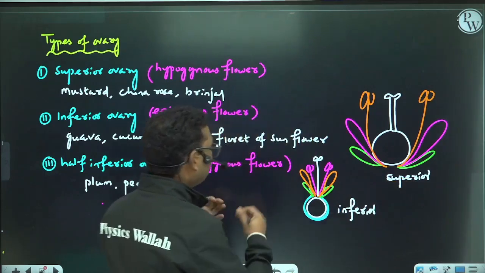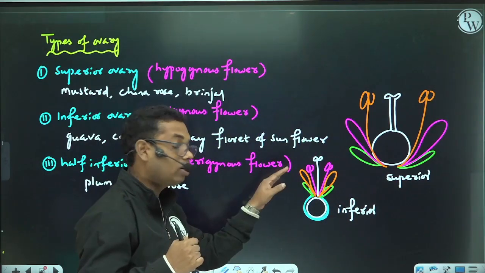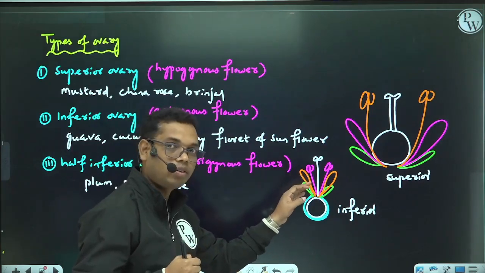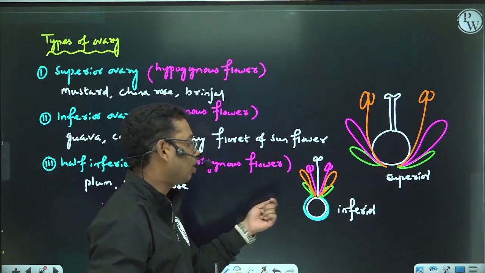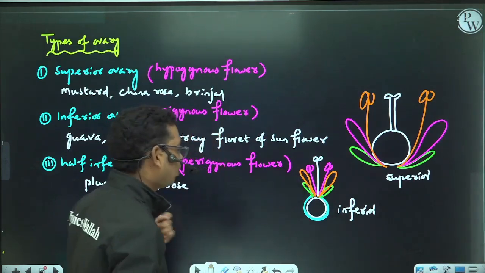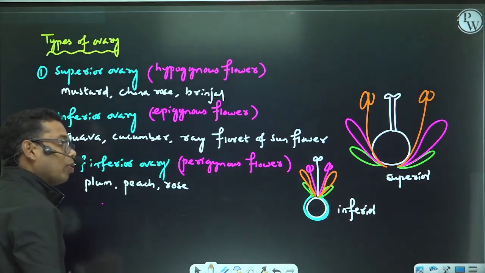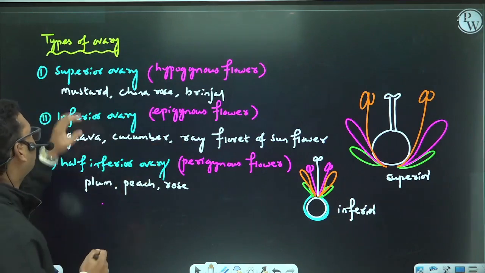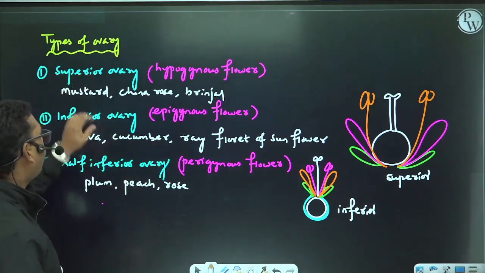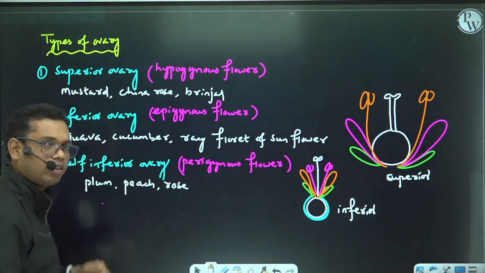The other condition, in which the other structures like sepal, petal, and stamen lie more or less at the same level as the ovary, is called half inferior ovary, or the flower is called perigynous flower, and you have to remember the example. So this is about the types of ovary. Ovaries are of three types: superior ovary, inferior ovary, and half inferior ovary.